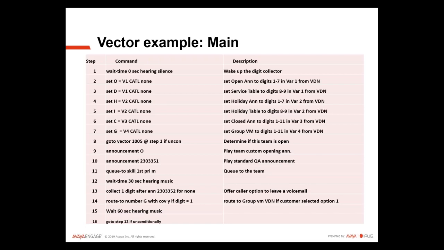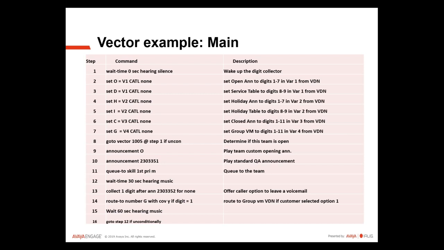By stuffing things in, we need to then tell the system where to look. So we're going to set those variables. We're going to set O as V1, telling the variable table that you need to look in V1 for the information for O. Same thing, D is in V1.